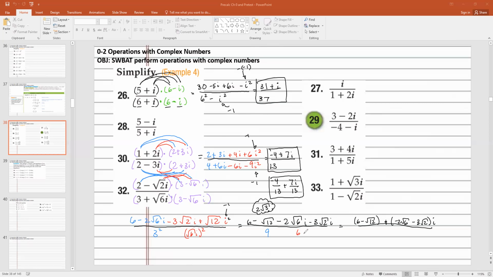And then i squared is going to give us negative 1. Remember? And you want to put a minus sign in between because difference of squares. So we basically have 9 minus negative 6, or 9 plus 6 is 15. And there you go. Whew.